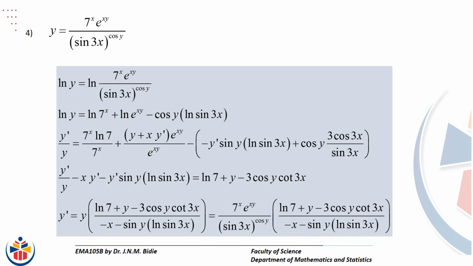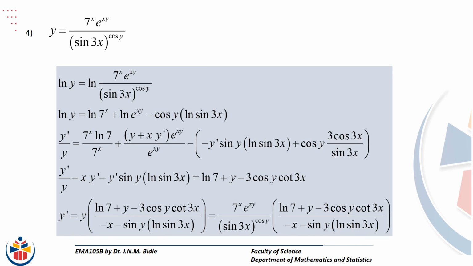Next term, ln of e to the power xy gives us 1 over e to the power xy multiplied by the derivative of the argument of ln. The exponent does not change, so it remains e to the power xy multiplied by the derivative of xy, which is y plus x y prime.